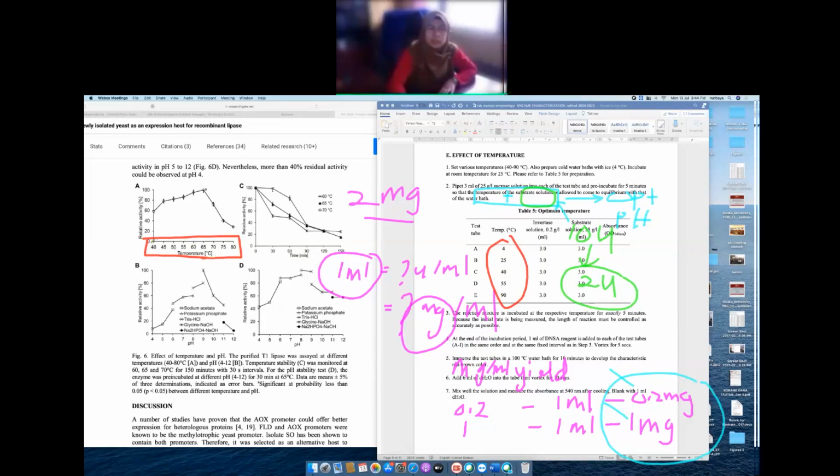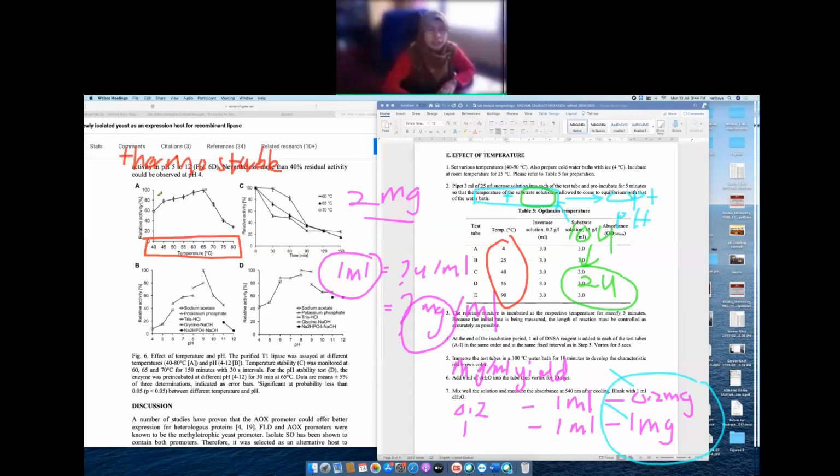The reason why we set from 40 to 80 is because the enzyme that we are working on is a thermostable enzyme. This enzyme can be active at high temperature.